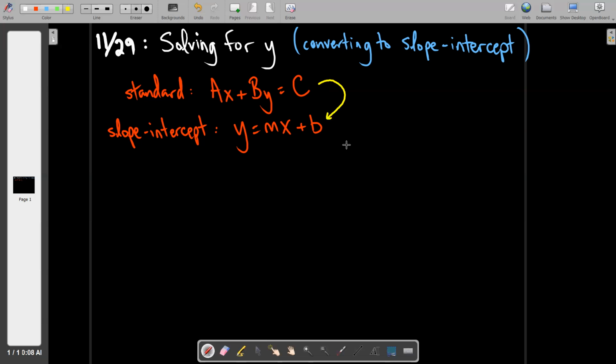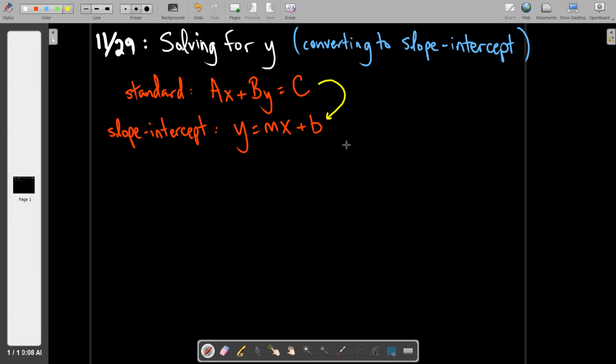So that little yellow arrow is what we're doing today. We're converting equations that look a certain way into what we want. And there'll be no graphing today. You won't have to graph. You're just going to get the equations to look the right way, and then you're going to hit submit, and that's that.